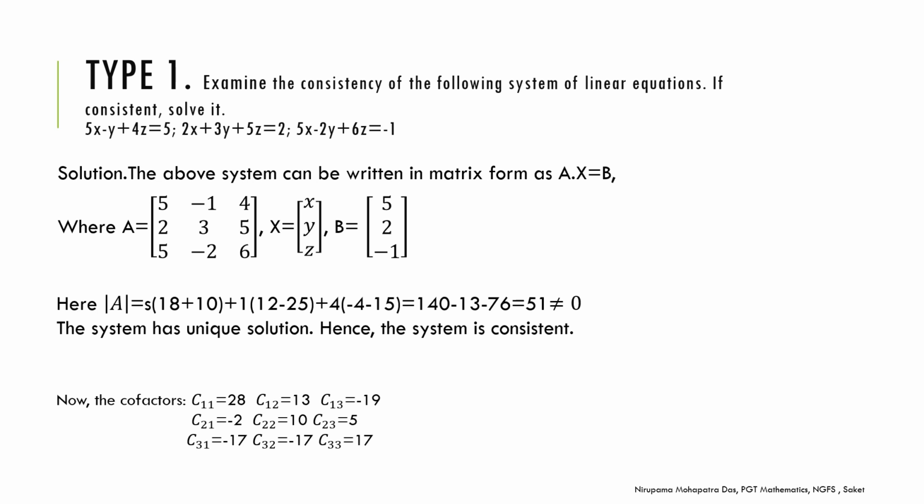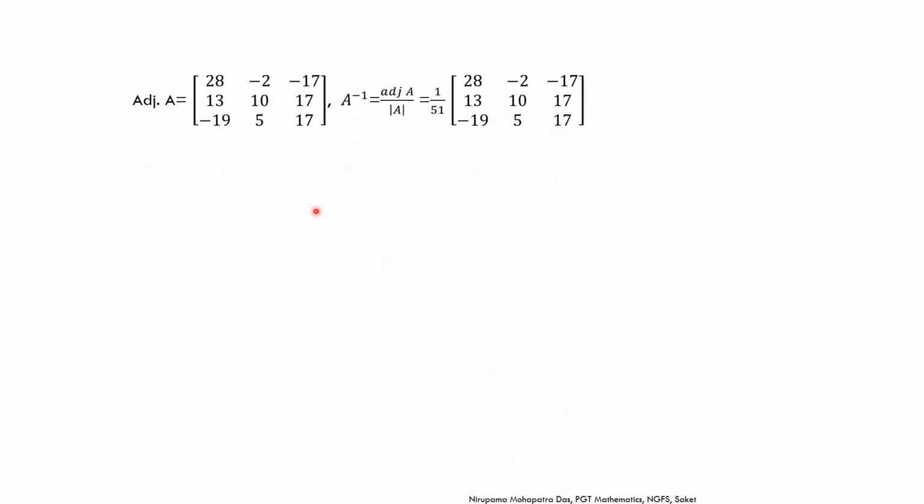But whenever we take adjoint of A, as you know, adjoint of A is transpose of the cofactor matrix of A. So this is your adjoint of A, and A inverse is adjoint of A by determinant of A, means 1 by 51 multiplied with the adjoint of the matrix. So X equal to A inverse into B, 1 by 51 into this matrix B. Okay, so you see I have not multiplied 1 by 51 from the starting.